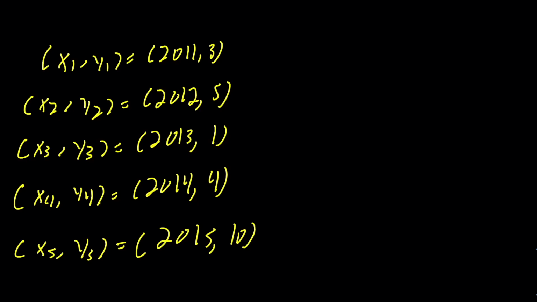So, what do we do? Or more specifically, what's the best way to approach this problem? Since these x values are humongous, we're going to use the method of translation.